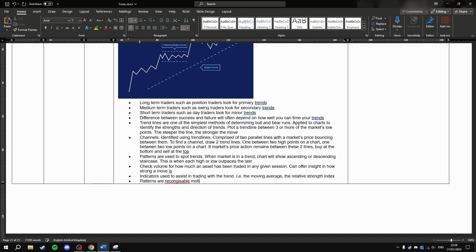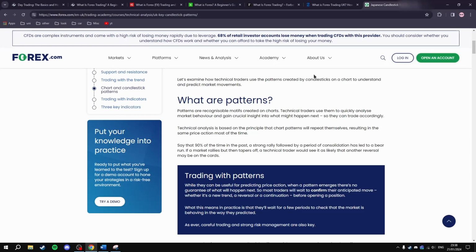Technical traders use them to quickly analyze market behavior and gain crucial insight into what might happen next, so they can trade accordingly.